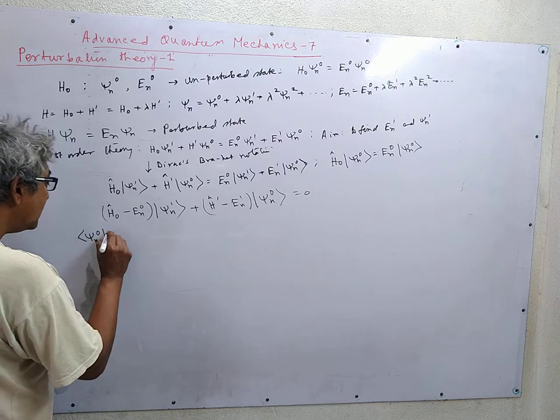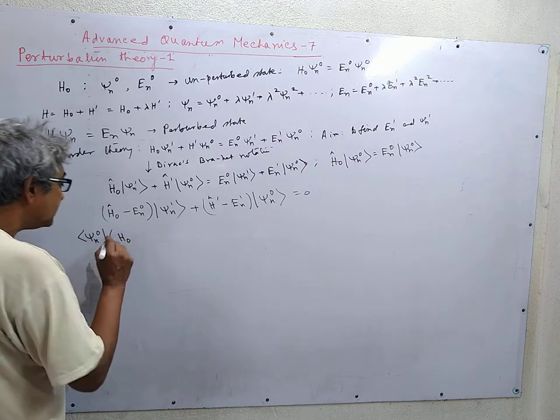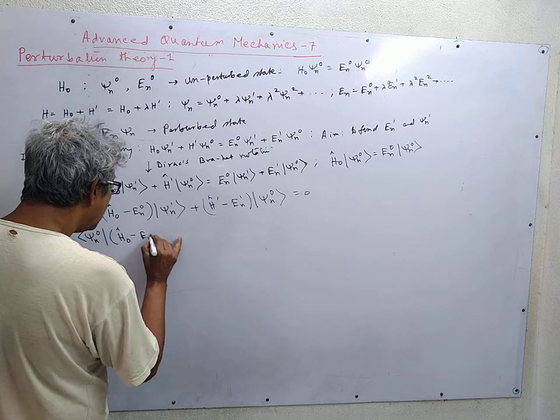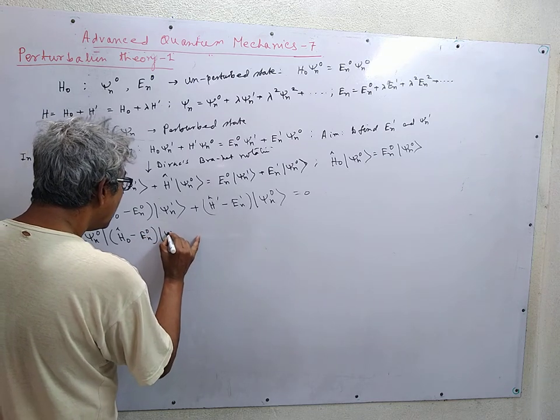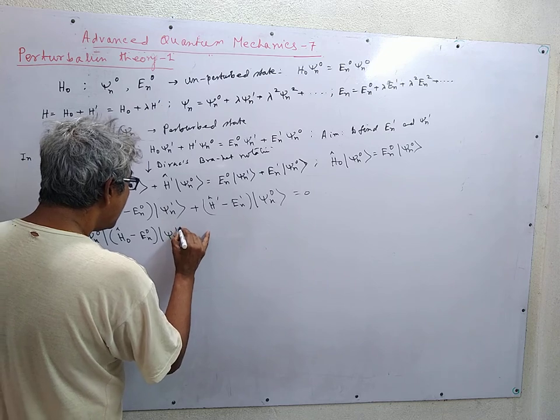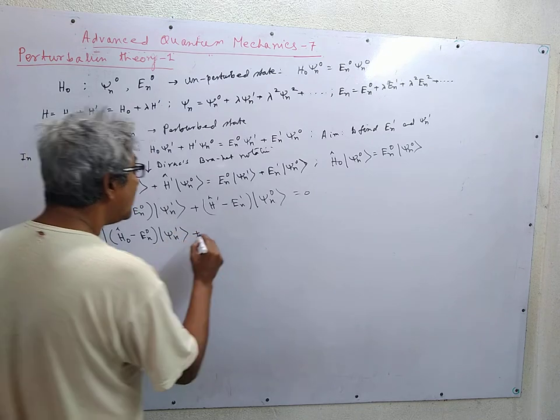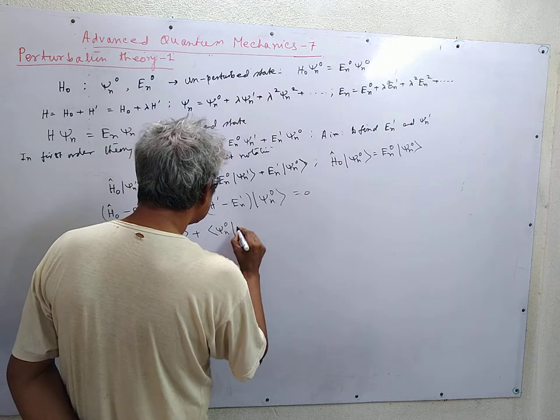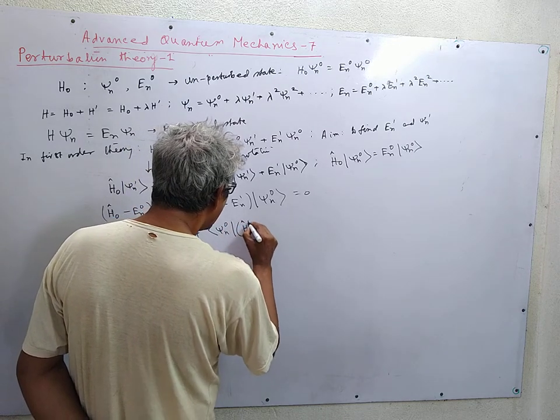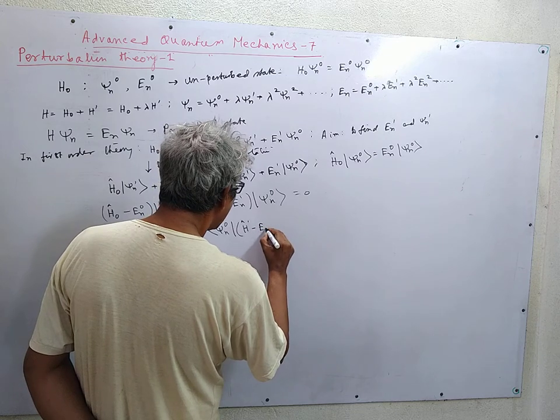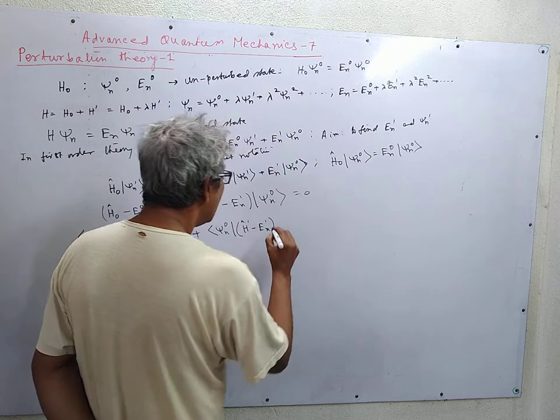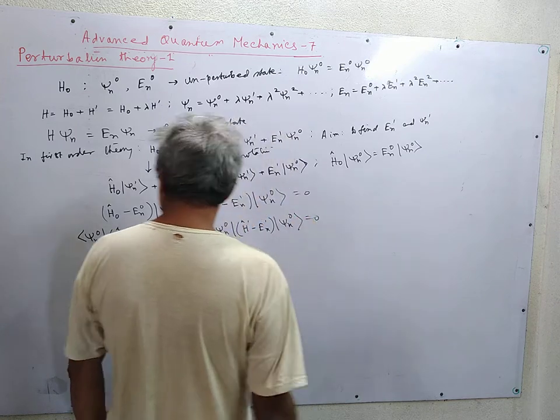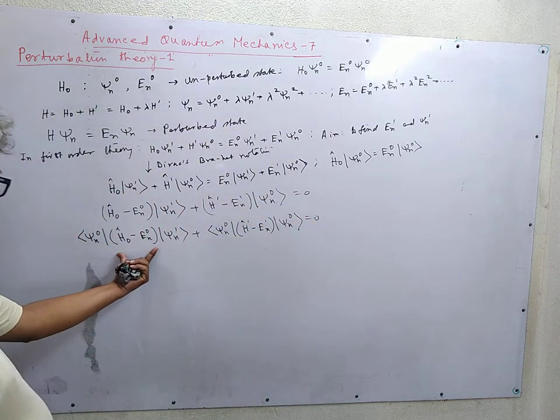Phi n0, and this is h0. What happens to this equation?